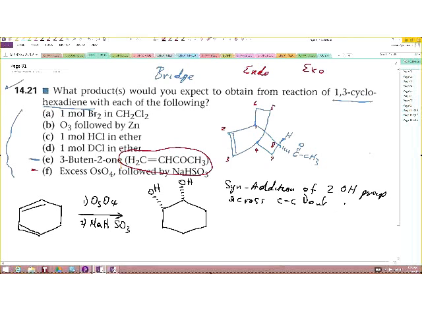Okay? You need to know that. So that also tells us that on this carbon here, since we have a double bond here, we are also going to have this. Is that clear? Okay. Now let us do A. No, I'm sorry. Let us do B first.